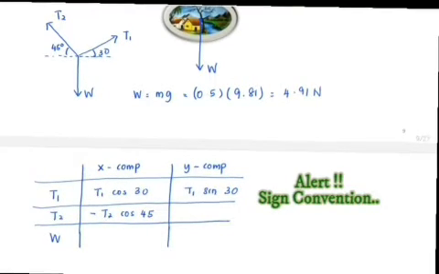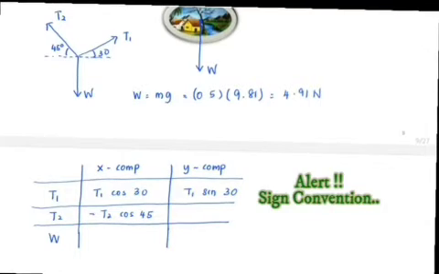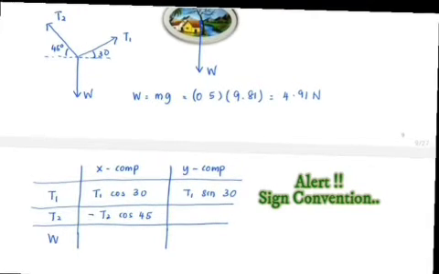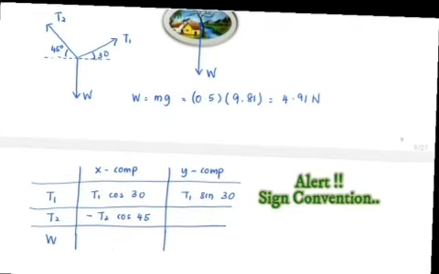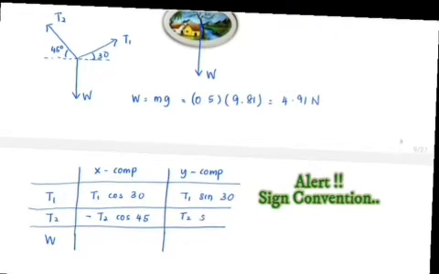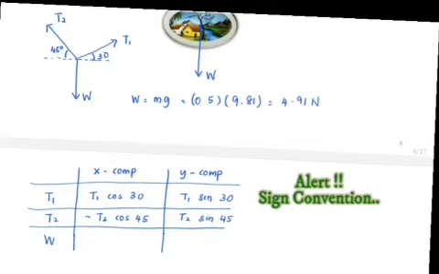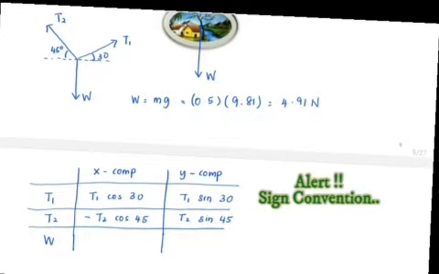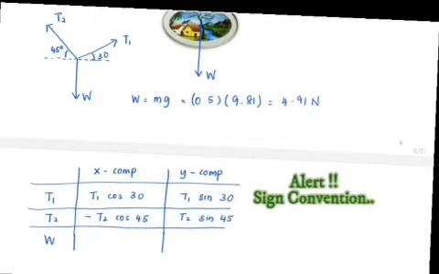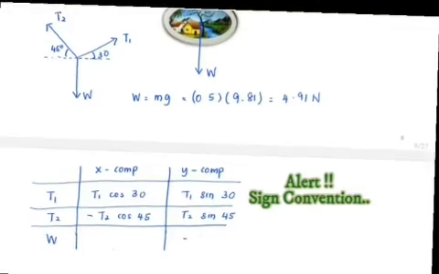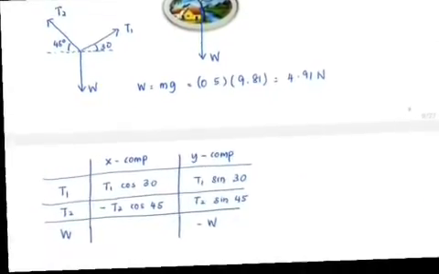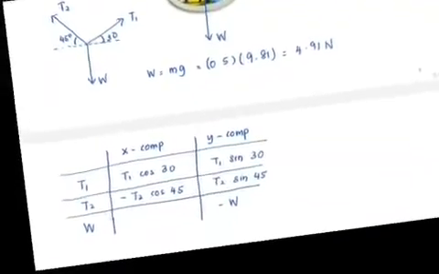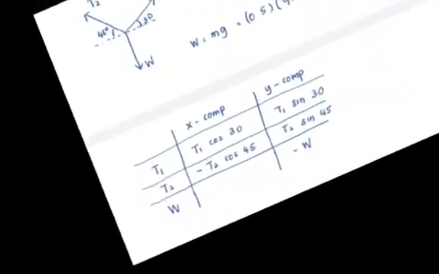It is negative because T2 cos 45 is pointing to the left. And Y component for T2 will be T2 sin 45. For weight, since weight is pointing downward, therefore Y component for weight is negative. However, weight is not related to X component.